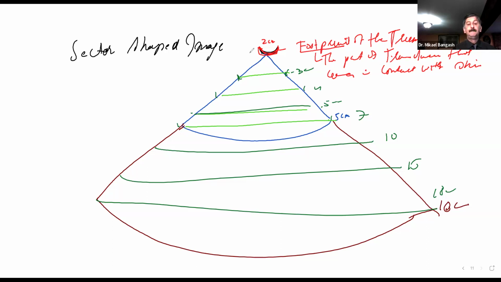Any questions? Okay, so you may not get an actual shape of an image demonstrated on the question, but they may verbally explain it.